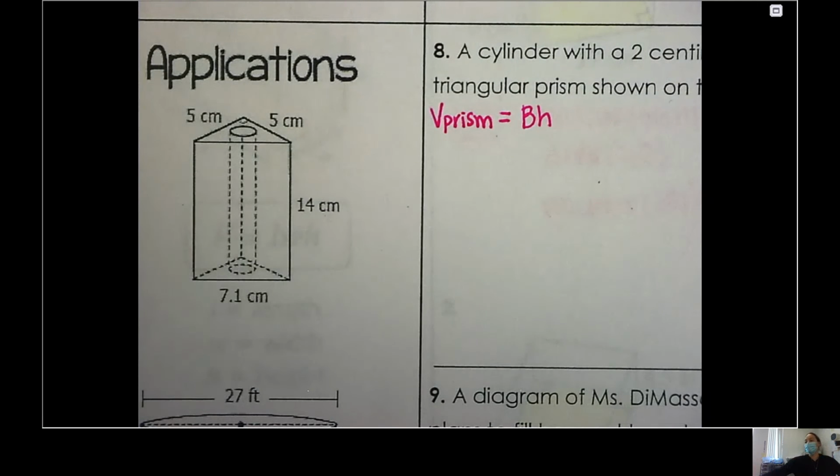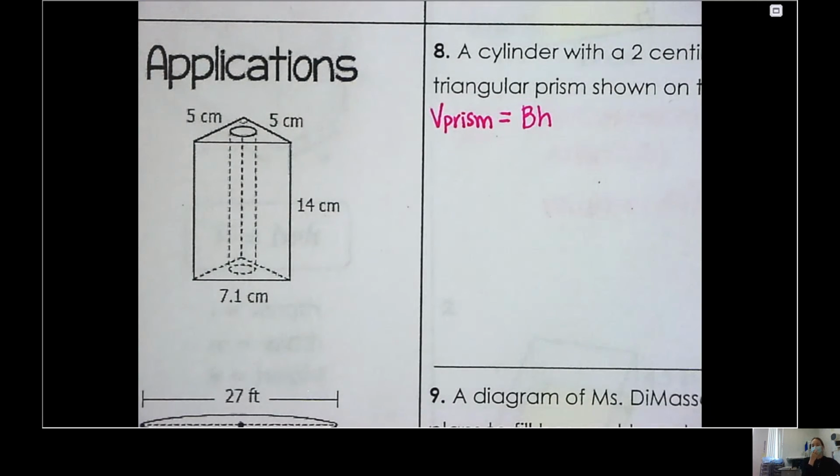Good. Now, what shape is the base of this triangular prism? What shape am I going to highlight? What kind of prism is it? Work with me, people. It's a triangle. So you're going to highlight the triangle.